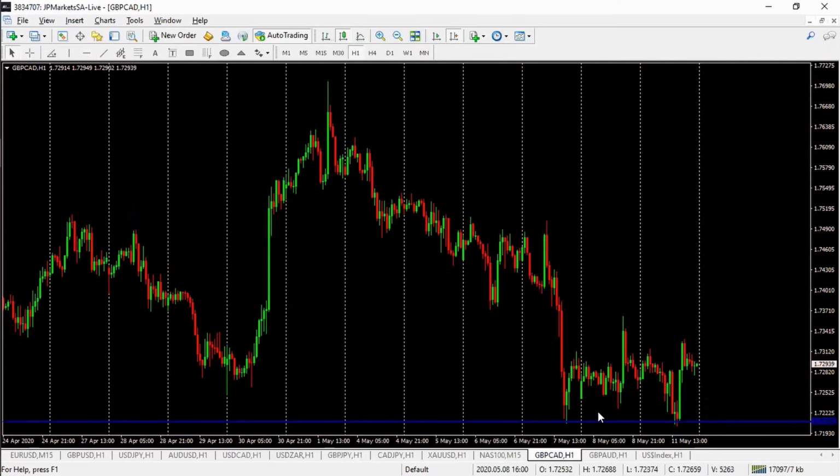I was monitoring it to come again to test this level, because this day GBP CAD I only analyzed with H1, which is 1 hour. It's been moving up, moving down, and I was expecting a pullback into this level, which is a structure level here. I was going to get involved once it reached this level again.